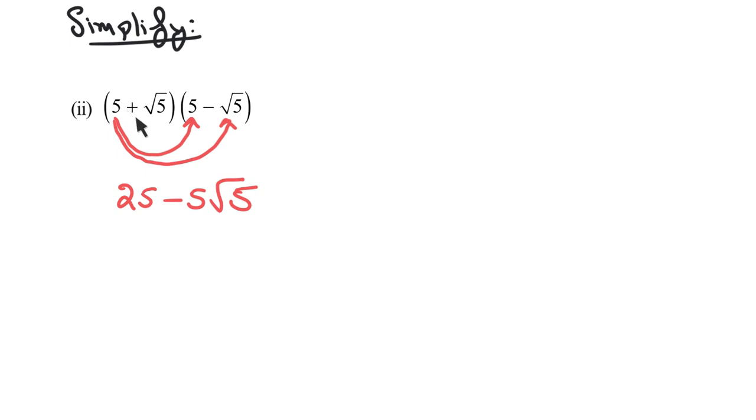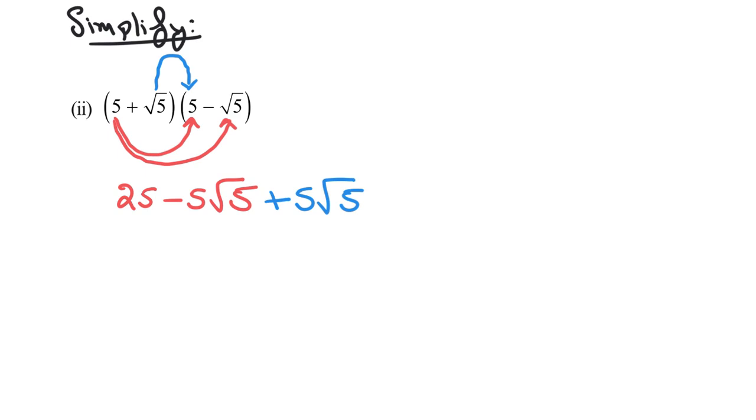This is plus. What is the sign before the 5? It's plus. Plus times plus is plus. Okay, now we don't have to worry about the sign. Root 5 times 5 is 5 root 5. Isn't it? Okay.